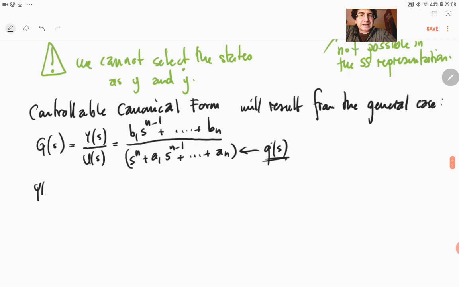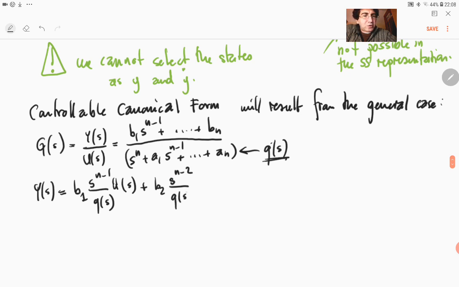So what I will have is that Y(s) will be equal to b1 s^(n-1) over Q(s) times U(s), in fact a partial cross multiplication, plus b2 s^(n-2) over Q(s) U(s). So Q(s) is in the denominator in each case, plus up to bn times 1 over Q(s) U(s).